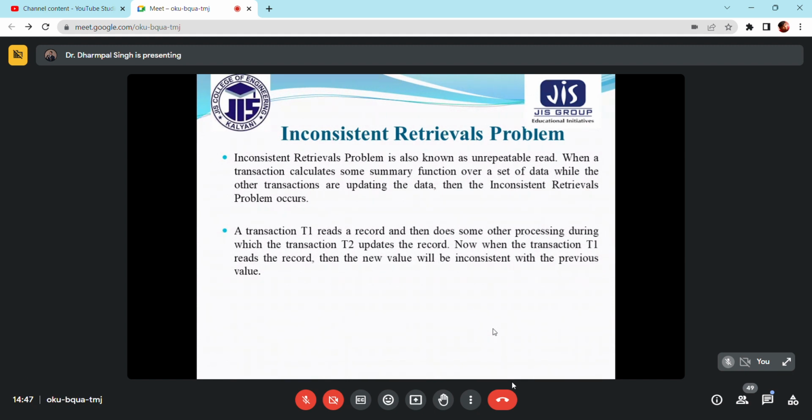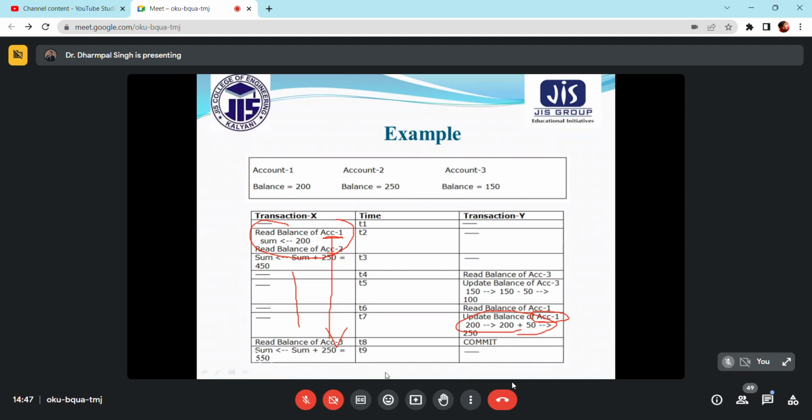So it is not the correct value there. This problem is called an inconsistent value or unrepeatable read.